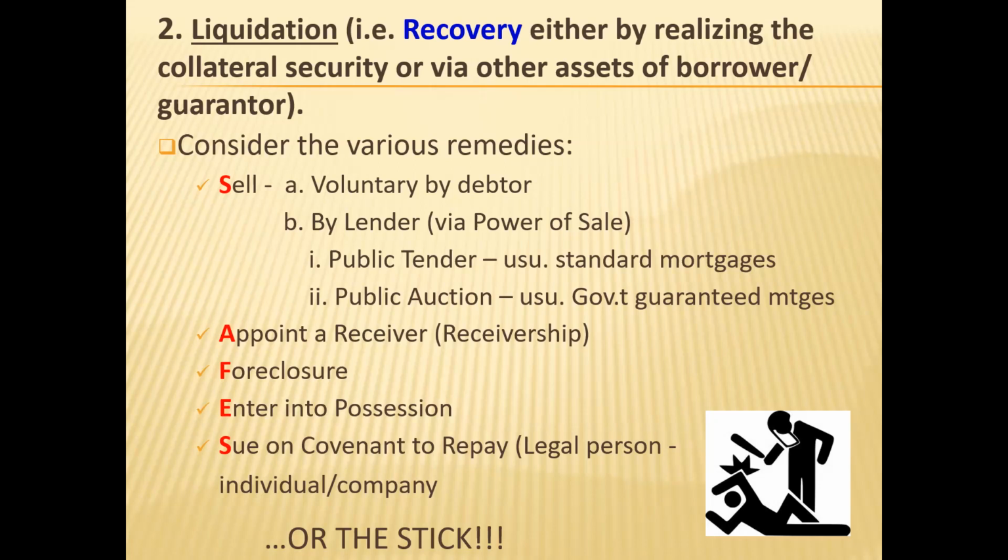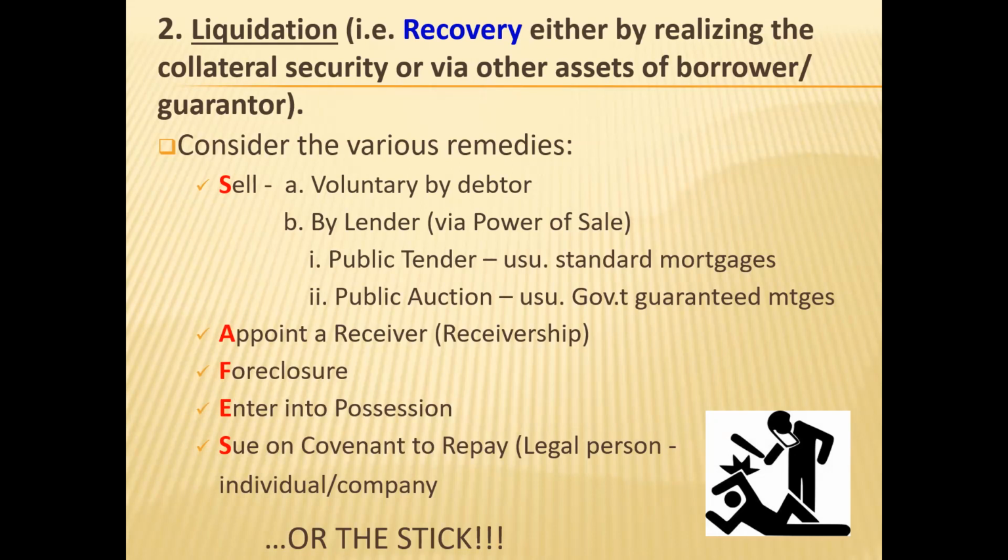Okay, and then the last letter, sue on covenant to repay. They can go after any legal person, and that is an individual or a company. An individual could be the borrower or the guarantor.